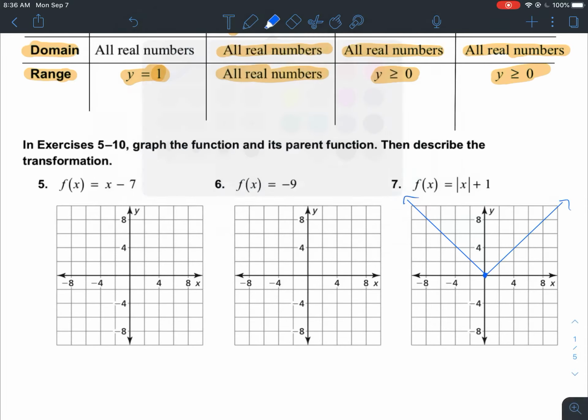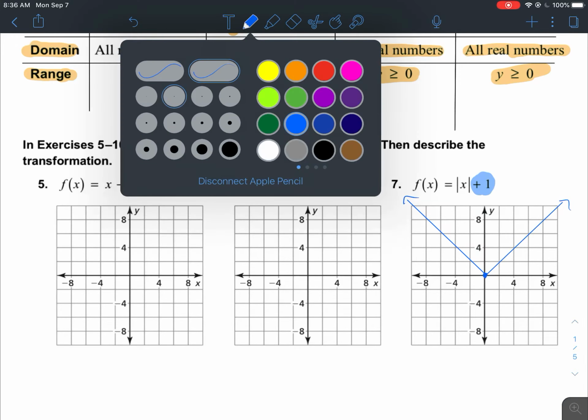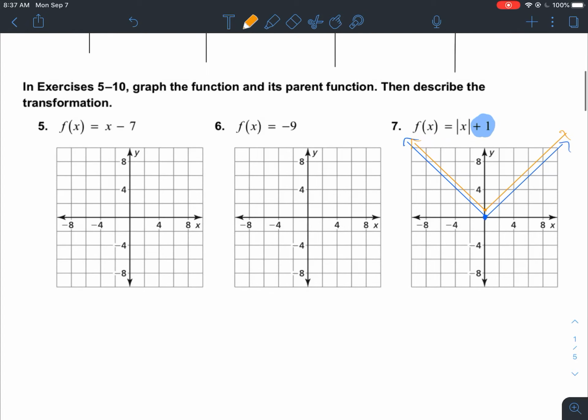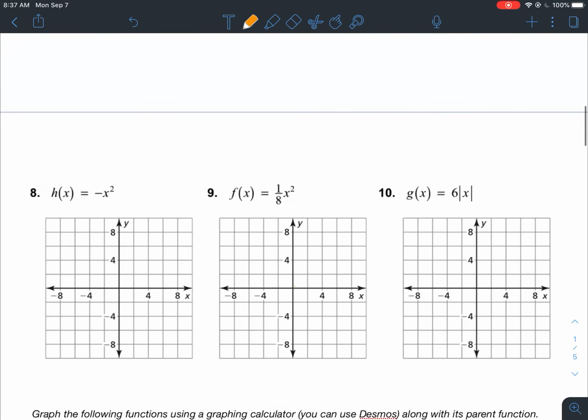So you'll have your new vertex at 0, 1. There you go. That's the function absolute value of x plus 1. Alright, so that's just a refresher.